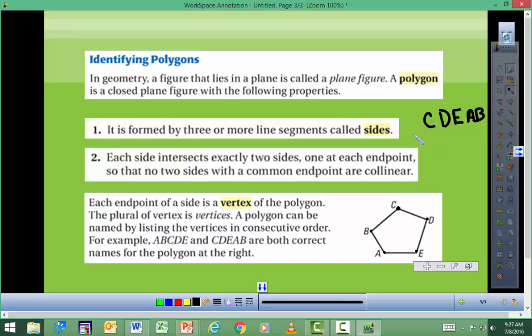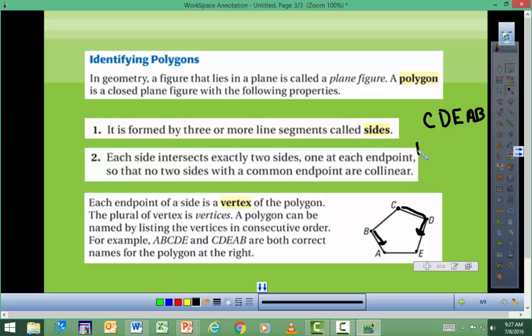That's one example. What I did is I started right here and I went clockwise and went around that way. But you could have started at any letter and you could go counterclockwise or clockwise. So another name that we could have used, I'll just start at B here.